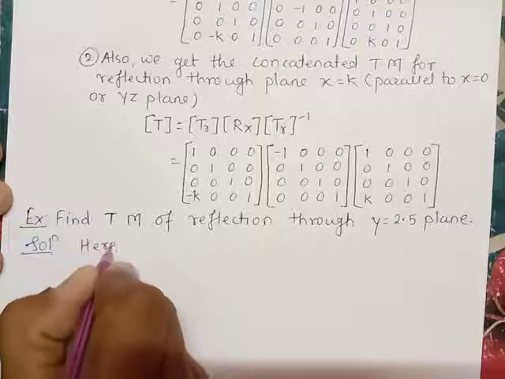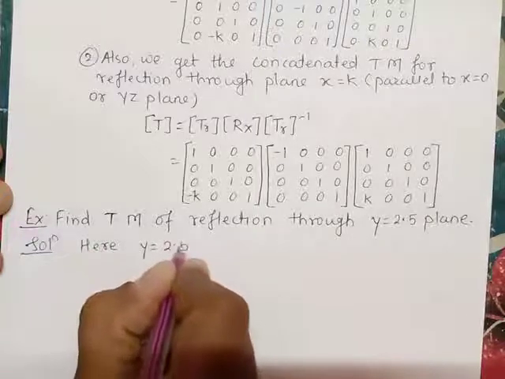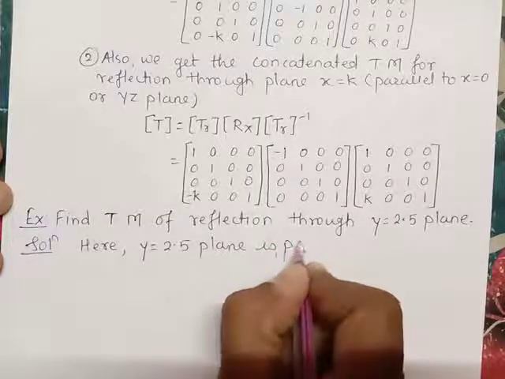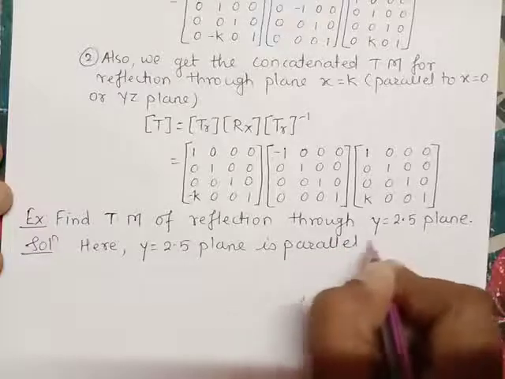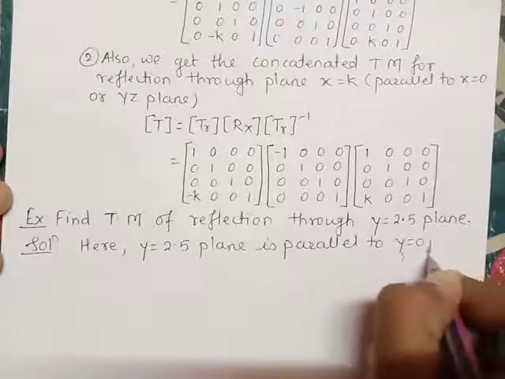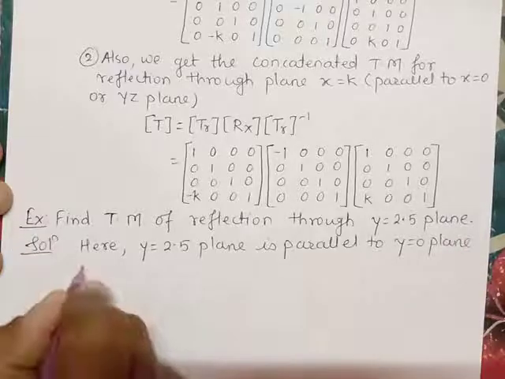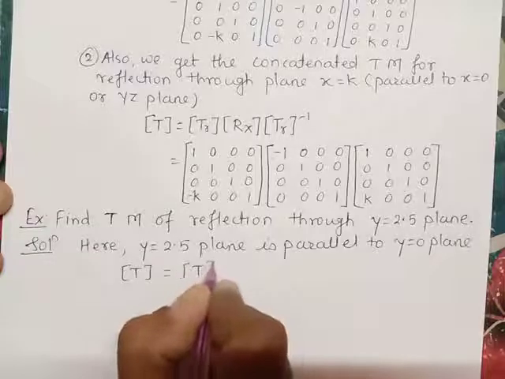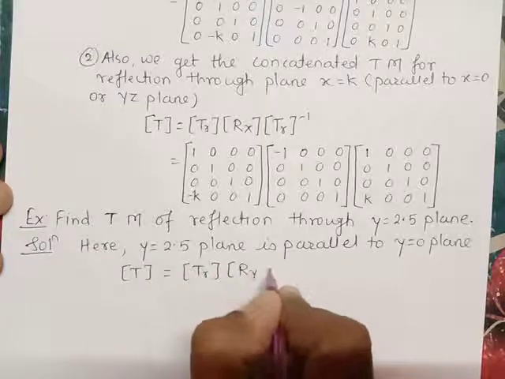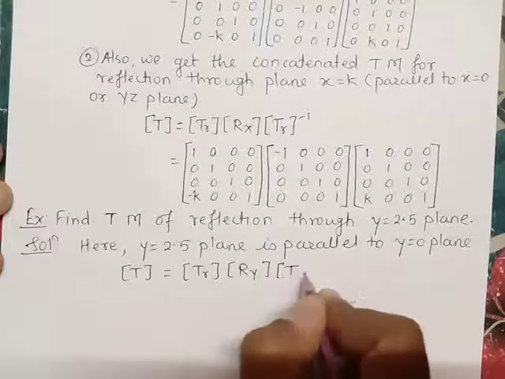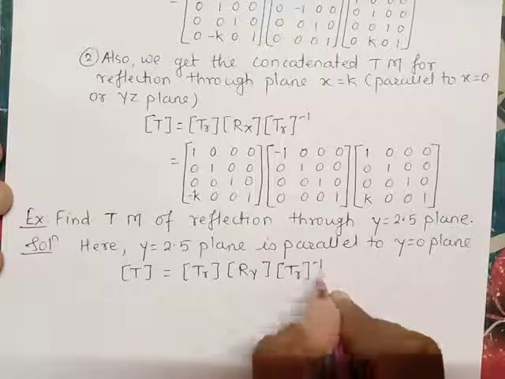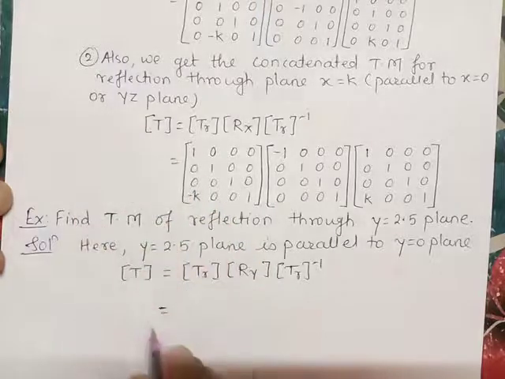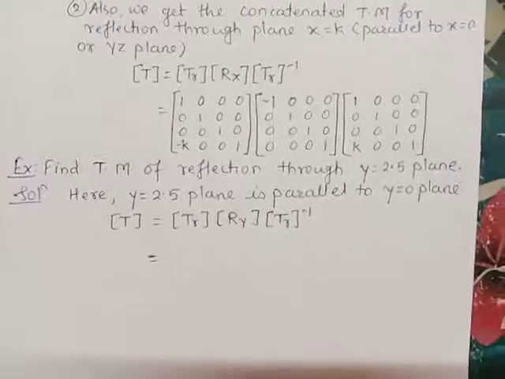Here y equal to 2.5 plane is parallel to y equal to 0 plane. Therefore, T is what? Translation into reflection through this xz plane or inverse translation. Now translation, what is k here? 2.5. Compare with that one. So 2.5 is a value of k.